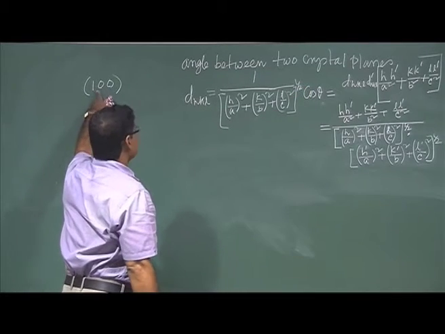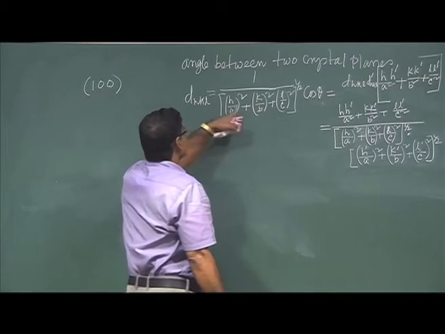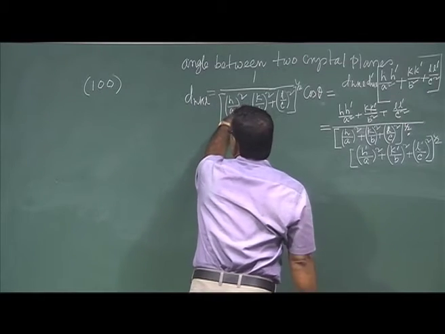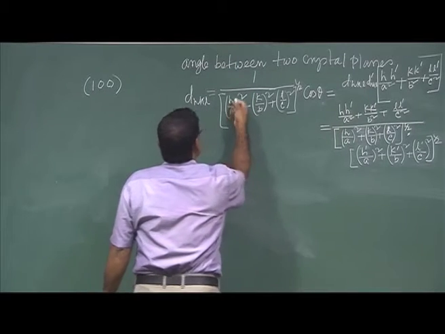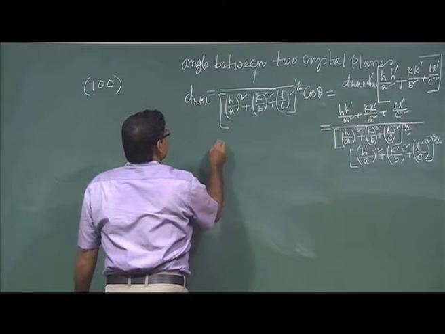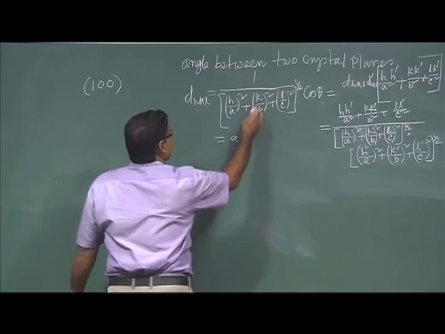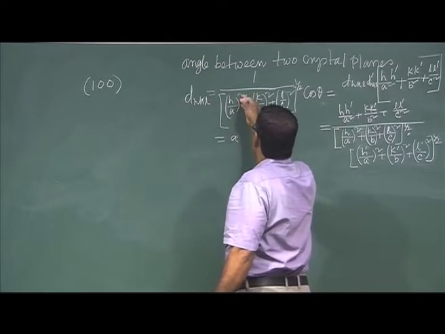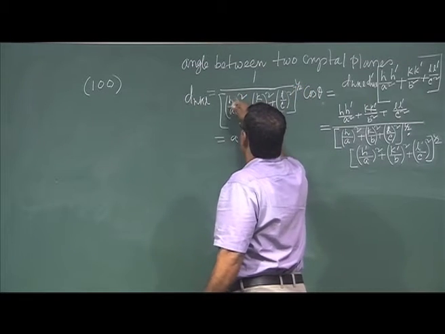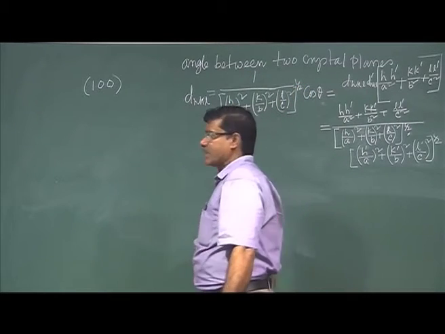Just putting the value here, immediately you can say that value will be a, right. These are zeros, so it is 1 by a whole square, so the square root of that is 1 by a, so it will go up, so it is a, right.